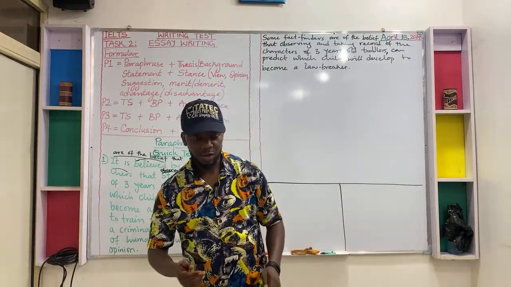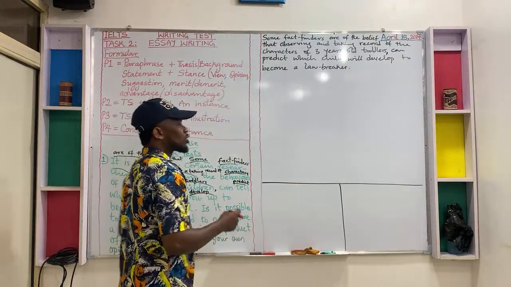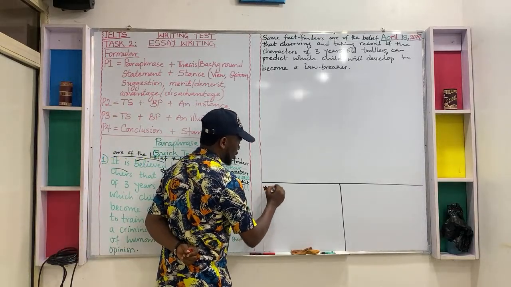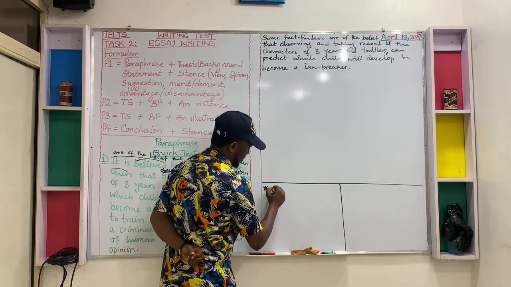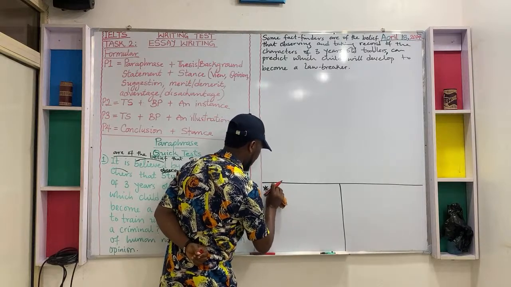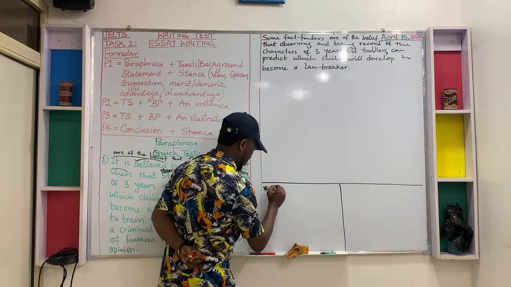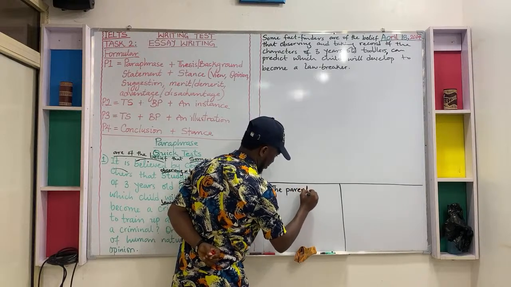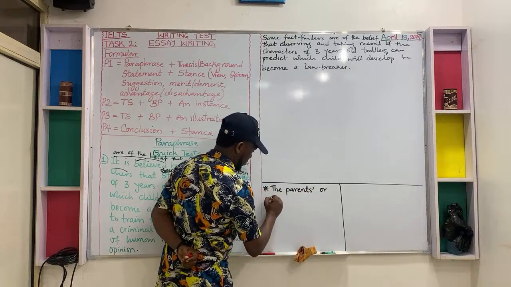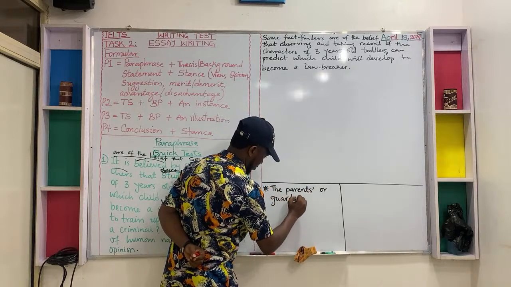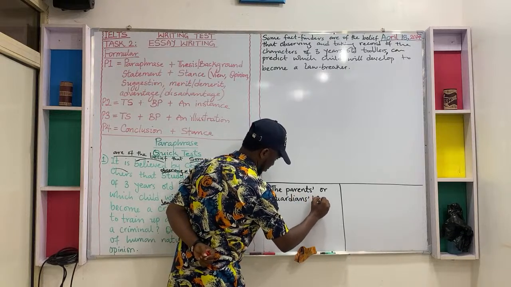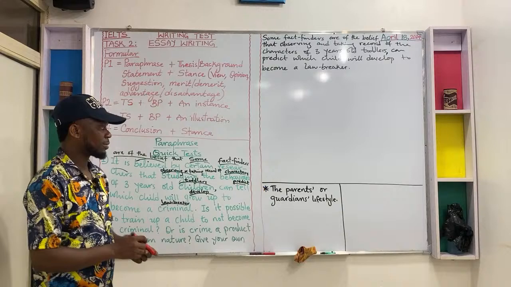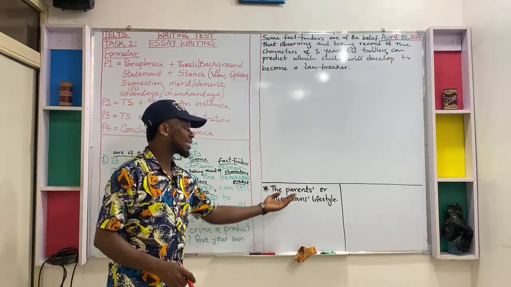Okay. Now let's look at it this way. The chances of training up a child to not become a criminal depend on, number one, the parents' or guardians' lifestyle.